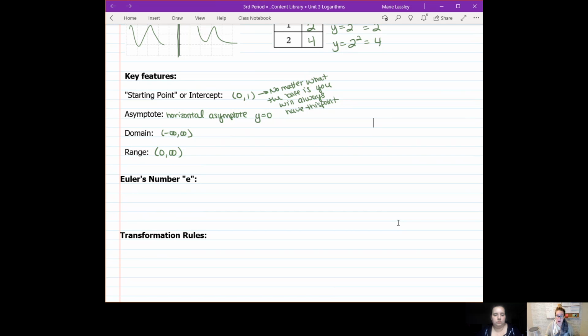So e is a number. I know it's a letter, but e is technically a number. Think of e kind of how you think of pi when you're doing geometry, right? Pi is a symbol, but it represents the number 3.14 and so on. That's the same as this number e. We just use the letter e to represent this number.